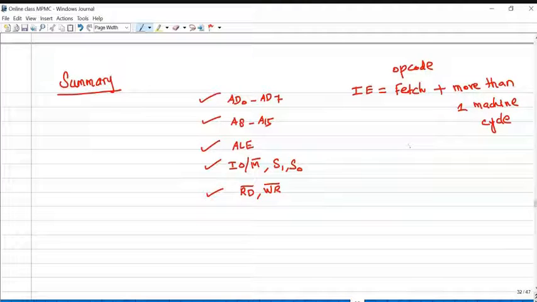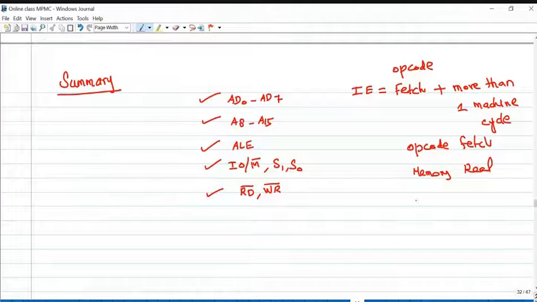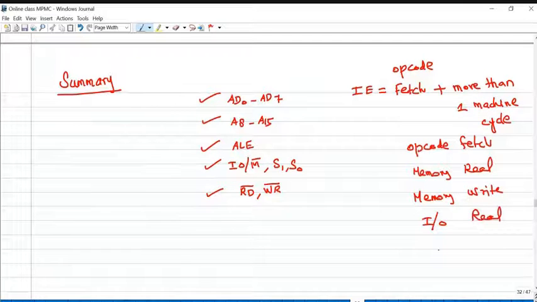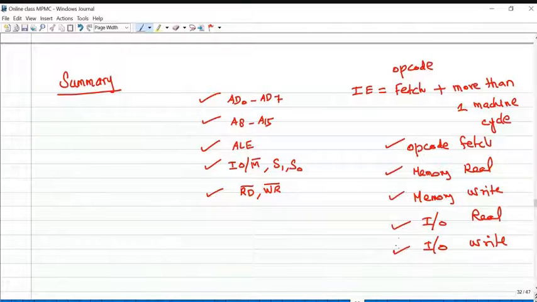Opcode fetch is a machine cycle, memory read is a machine cycle, memory write is a machine cycle, IO read is a machine cycle, or IO write. So this operation is called a machine cycle. This is what we discussed in the previous class.